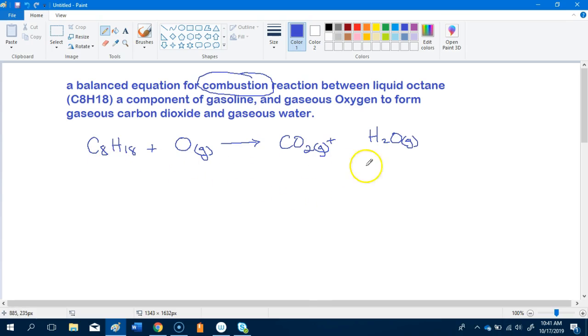Now, this is probably the equation that you have, but it's not completely right. That's because the formula for gaseous oxygen is not just O, it's actually O2, because oxygen in its gaseous form by itself is a diatomic molecule, and we saw diatomic molecules in Unit 2.